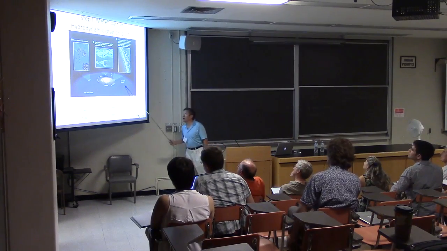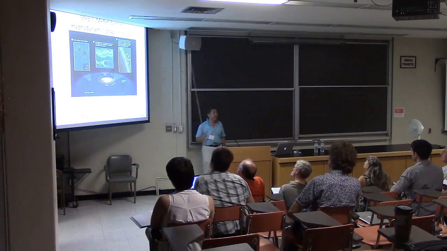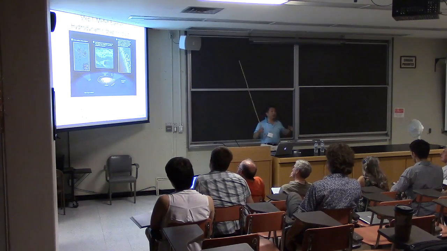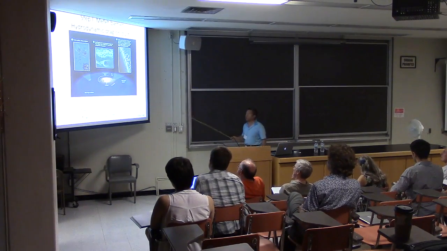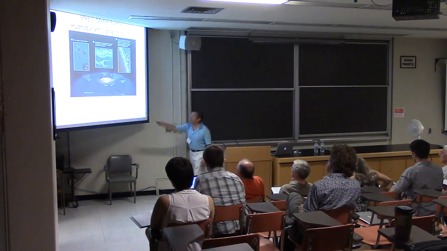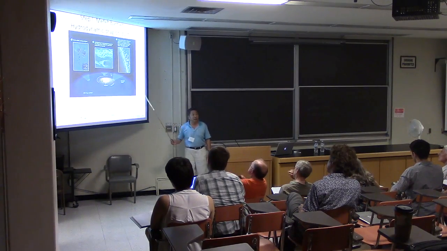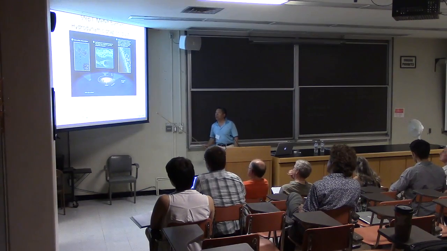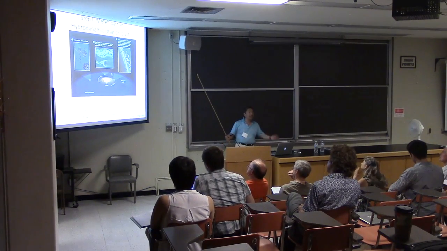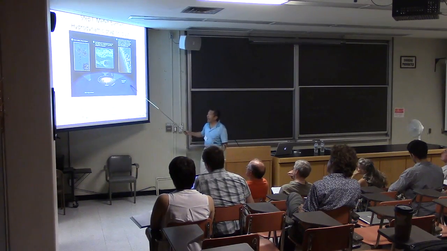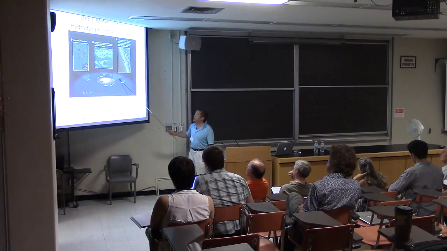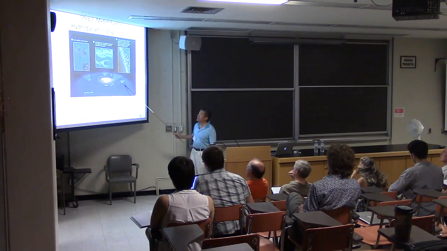Okay, so now disks. This is my favorite. Disks play a major role in the gravitational interaction for any entity that exists in them. The simplest one is due to dust-to-gas drag.